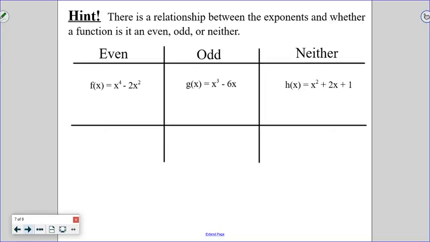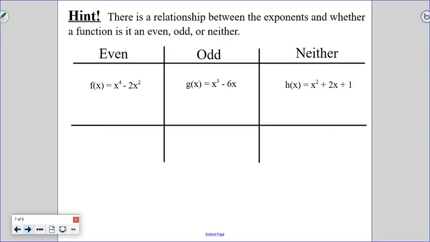Okay, now let's talk about a little hint, and maybe somebody was trying to pick this out as we looked, but here there is a relationship between the exponents. So we're calling these functions even and odd, and we're seeing things that are even and odd show up in our picture, right? And maybe somebody was like, okay, well, if it's even exponents, does that always go with the word even for our function? Okay, yes and no, so be careful.